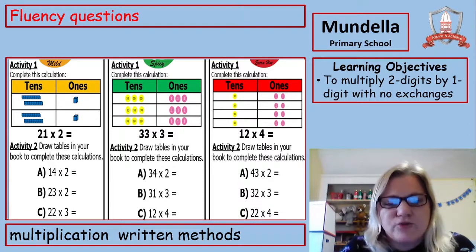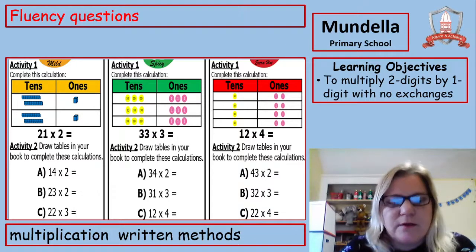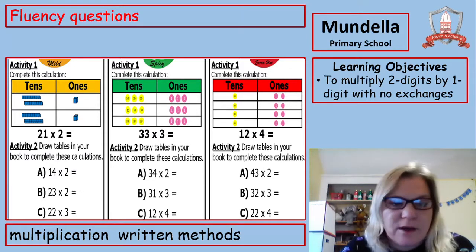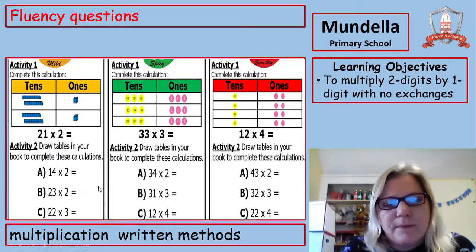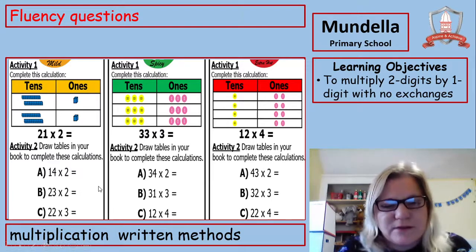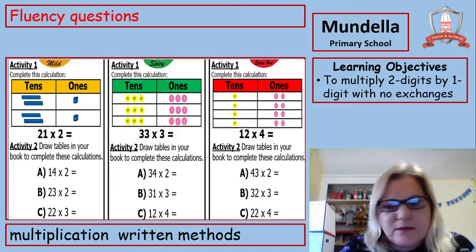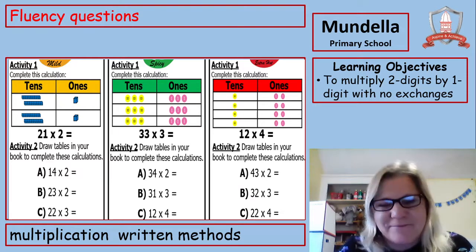So you need to draw place value tables in your books to complete the calculations. And you can either use place value counters or you could use the base 10. It is up to you, but you must draw them out in a table before you complete them. So pause the video now, choose your challenge, and good luck.